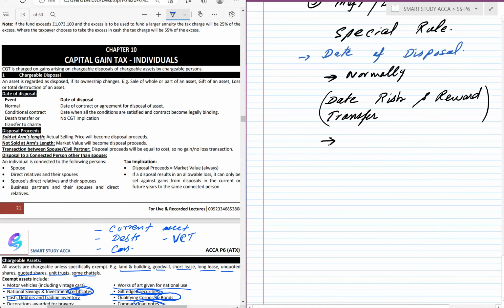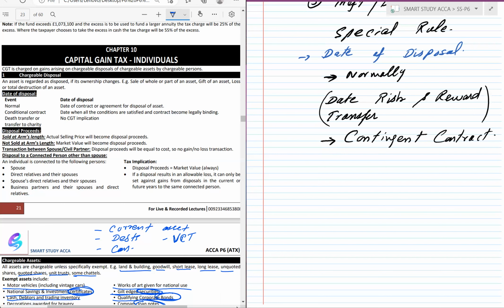But sometimes there are contingent contracts. Contingent contract means there are contracts in which there are different conditions to become legally binding.